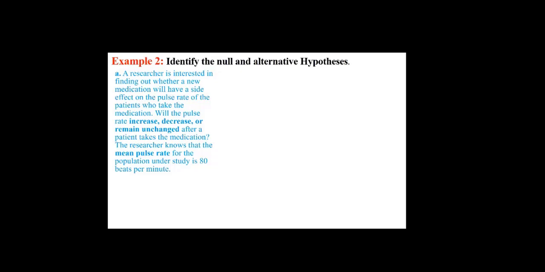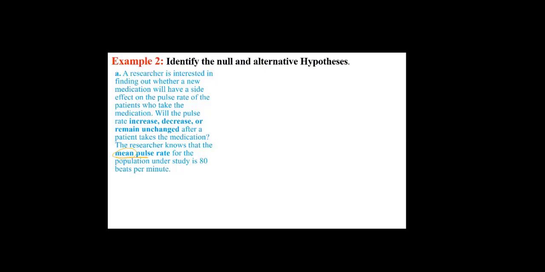So let's see what we want to find out. The researcher knows that the mean, so first I want to look at this mean. The moment we see mean, that means mu. By the way, a test of hypothesis is only and always about the population parameter, not sample statistics.